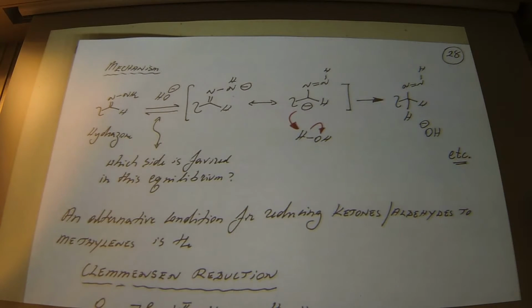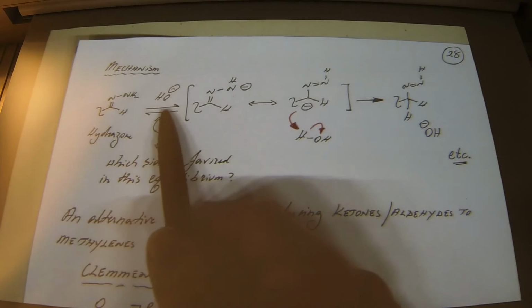Well, it turns out that there are many ways, of course, to reduce things, and the impetus for developing multiple methods to do the same kind of functional group transformation is that there are a lot of times when you have a multifunctional molecule that can't stand up to being boiled in lye, in hydroxide.